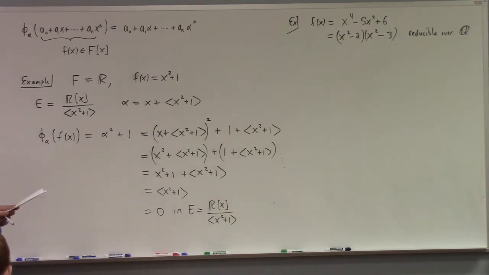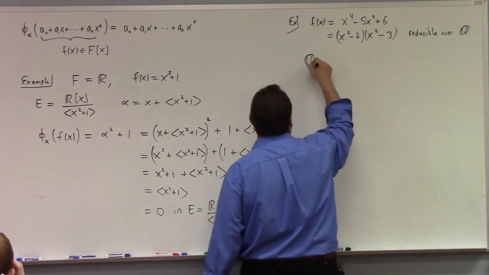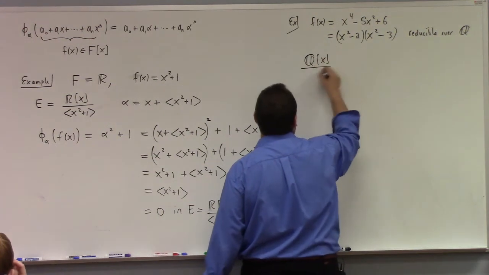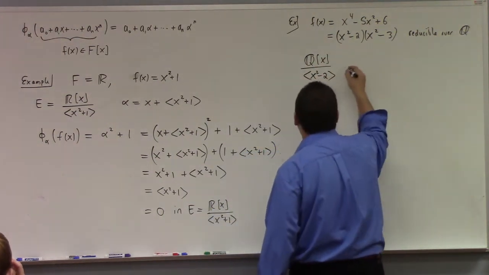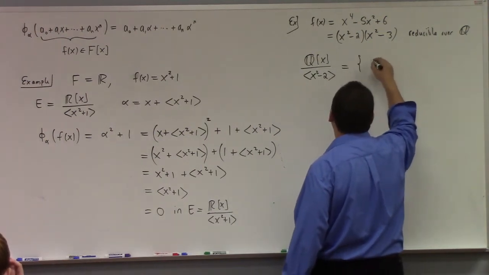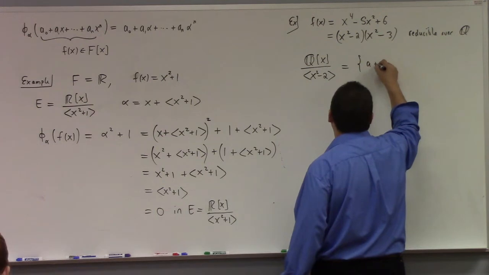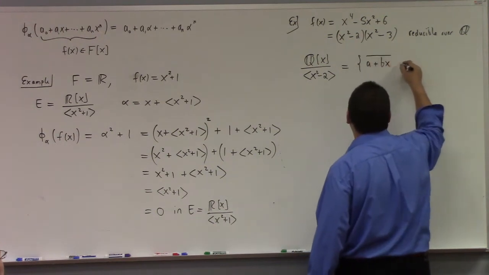And I said it follows we can form the field Q[x] mod x squared minus 2, right? So we could look at Q adjoin x mod x squared minus 2, right? And so this will be things like, let's say, a plus bx. You can put a bar on it if you like.